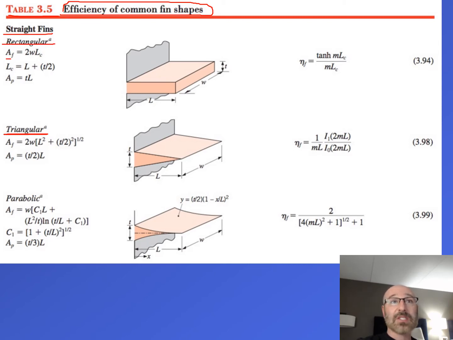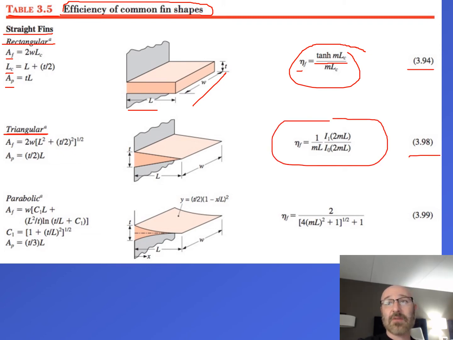We have a relationship for our A sub F based off the geometries given in our diagram, our L sub C and our A sub P. For our fin efficiency for rectangular, it's given by 3.94, where our fin efficiency equals the tangent hyperbolic of m times L sub C over m L sub C. We also have a relationship for the triangular fin, given by 3.98. And for a parabolic shape, where we have this relationship for Y defined between T and X along the length L, we have equation 3.99 for our fin efficiency.